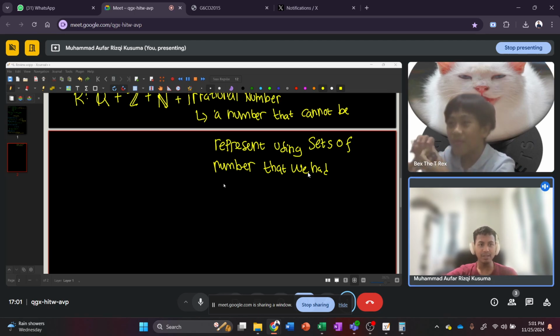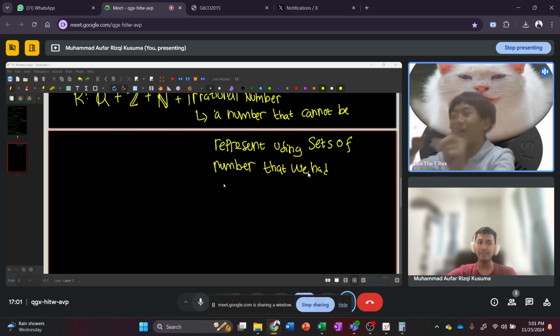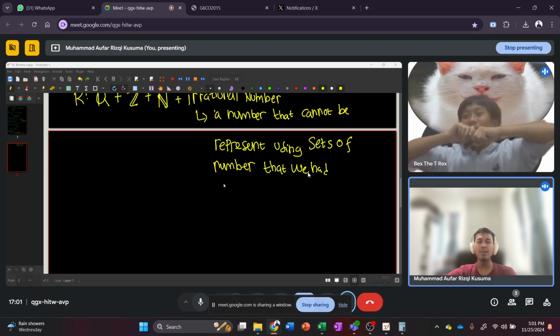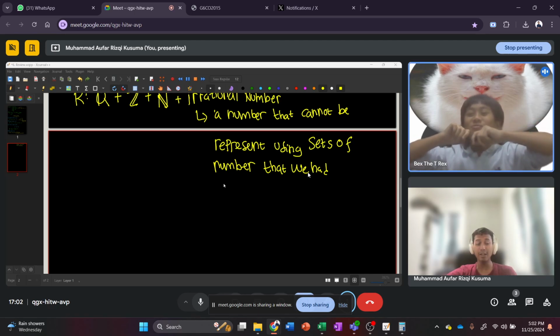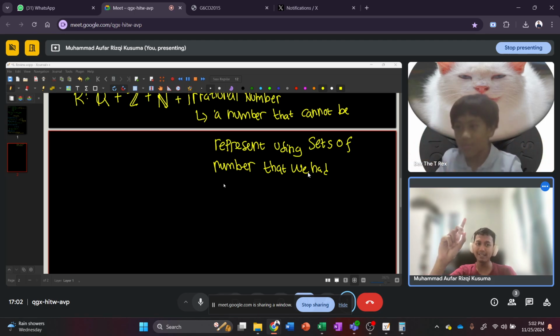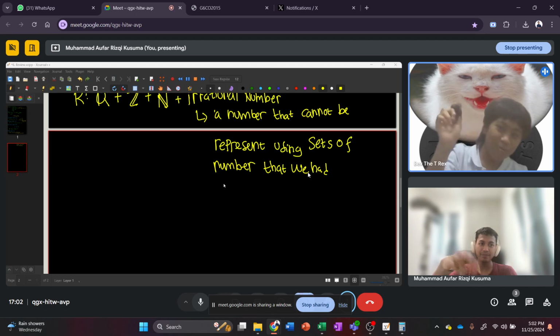In fractional numbers, 1/1 is 1, right? But without drawings or physical items, how can you represent it? Well, you can represent it with a dot. If you have one dot, that means one. If you have two dots, that means two. But that's technically a drawing, right?